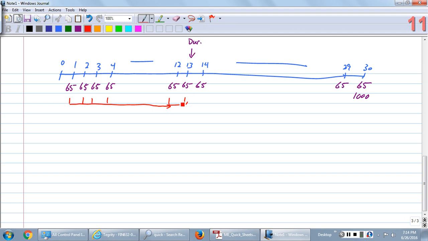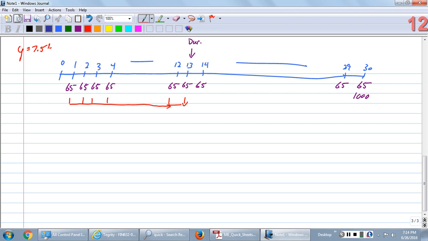You're not going out and buying pizza every time you get a $65 check. You're not spending it, you're reinvesting it. The yield on this bond is 7.5%. You bought this bond for $881.90 perhaps. That's what we came up with a minute ago.